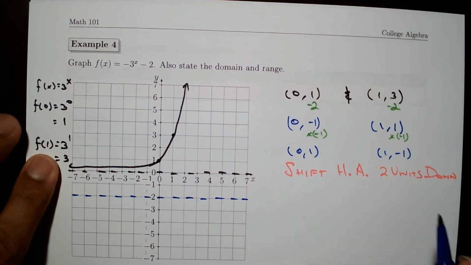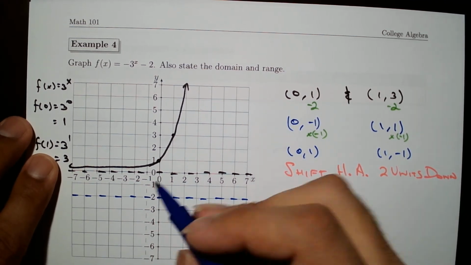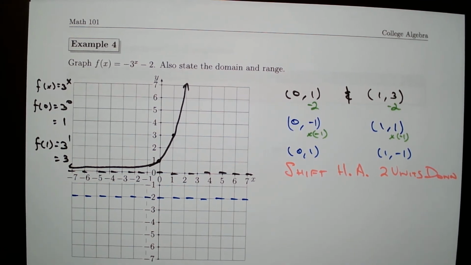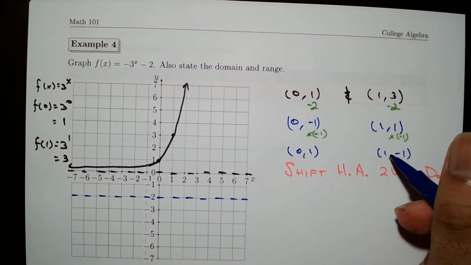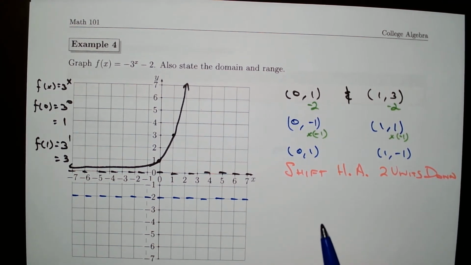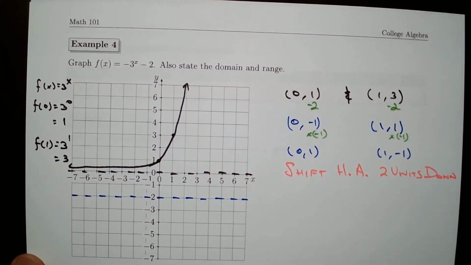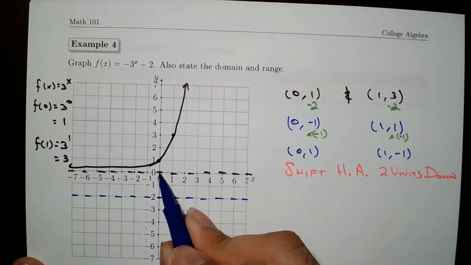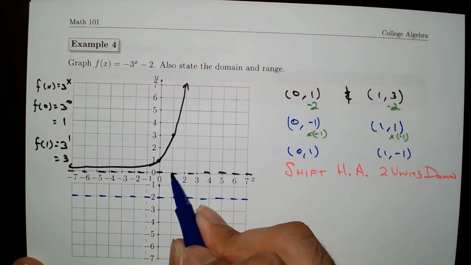And I'm going to plot these 2 points, (0, -1) and (1, -1). However, there's something weird going on here.